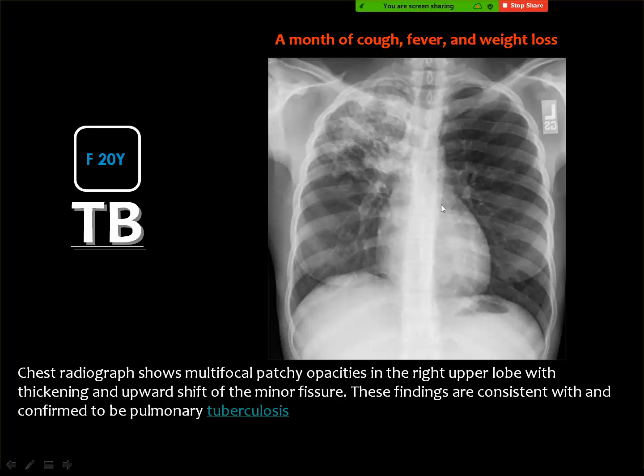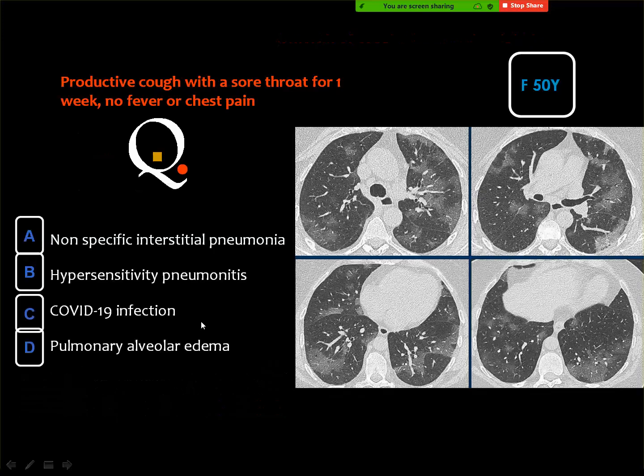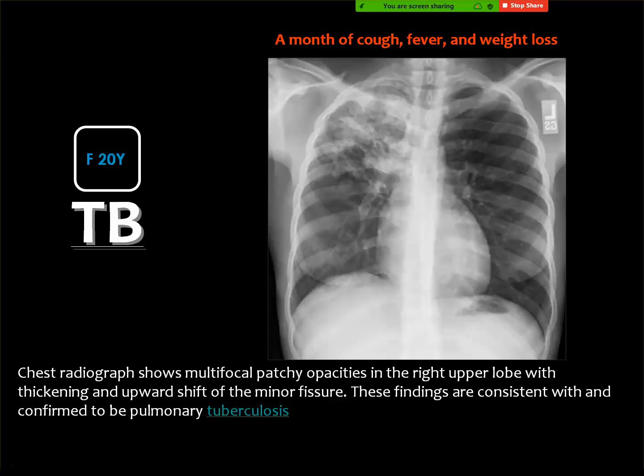Then an appearance like this is a stimulus for the diagnosis of TB whenever you see an infiltration in one or both of the upper lobes, especially if you can see cavities and also some calcium. Then the following case.